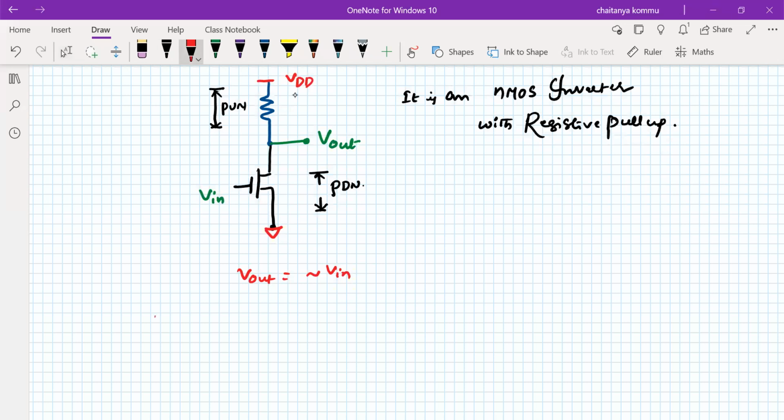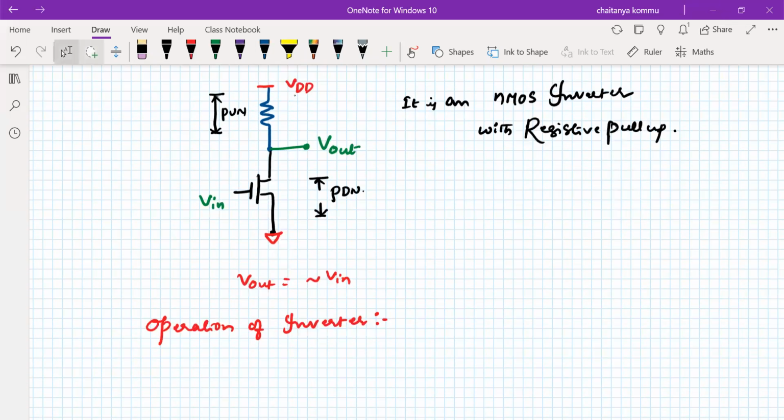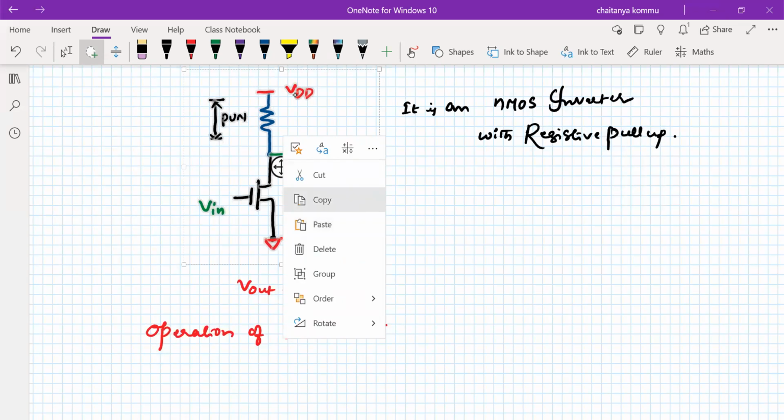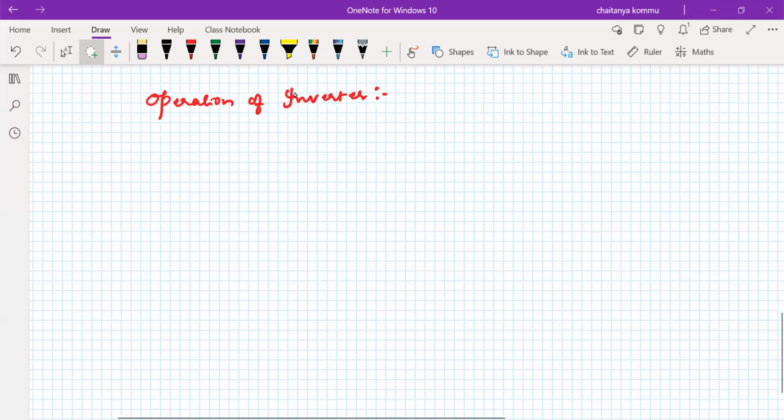So let us write the operation, or working principle, of the inverter. Better I consider this diagram: copy, and paste it here.